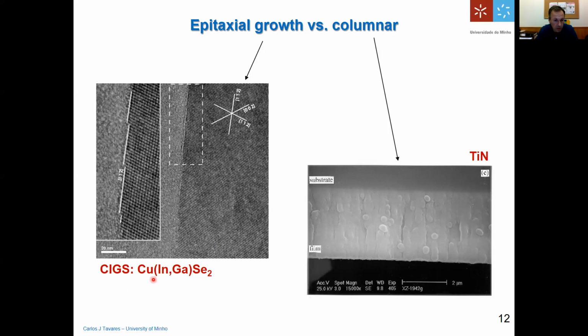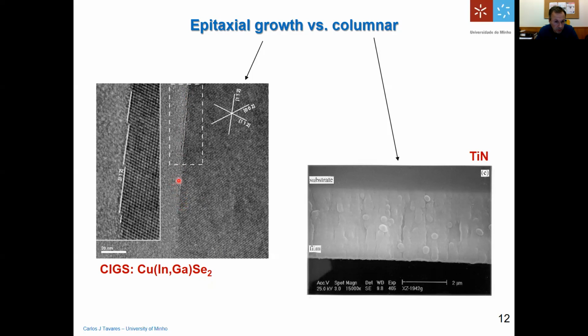It's an alloy, which is copper indium gallium selenide. You need to have two different techniques to make these materials. You can sputter the copper, the indium and the gallium, but selenium has to be thermally evaporated. So you have to have two different sources. And these materials, as with silicon, are very important for producing photovoltaic devices. So here is the interface, okay.